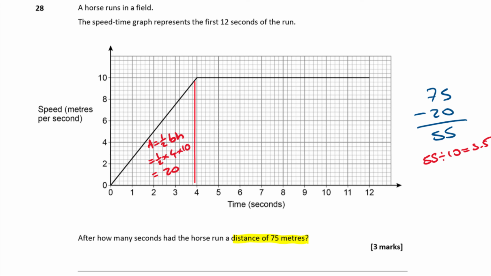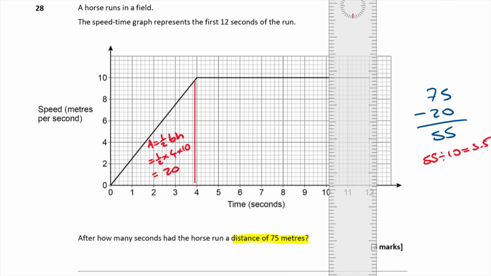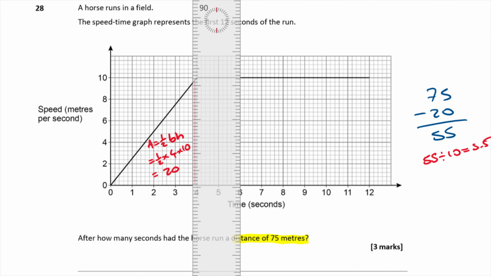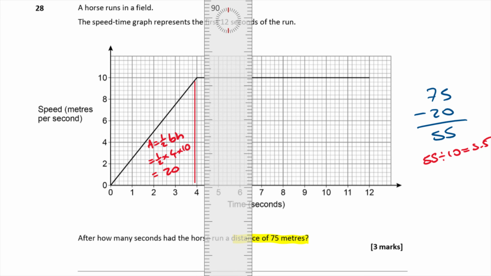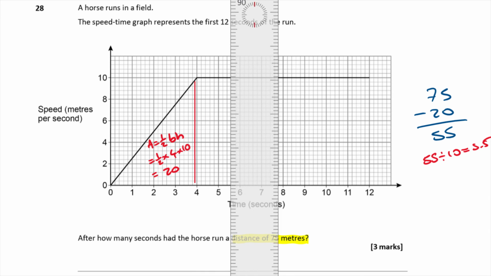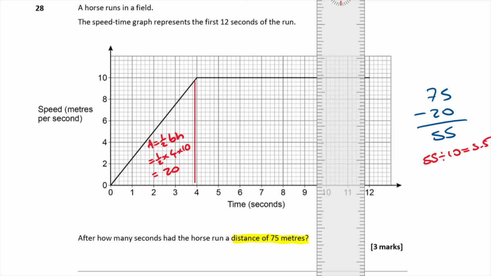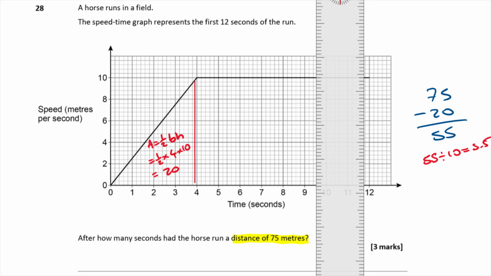That means that the other line of my rectangle has to be 5.5 units beyond 4, isn't it? So it's going to take me up to 9.5.